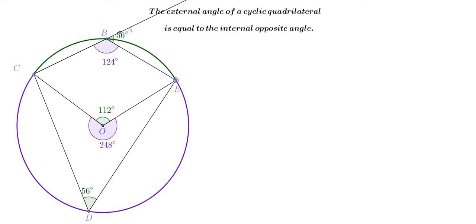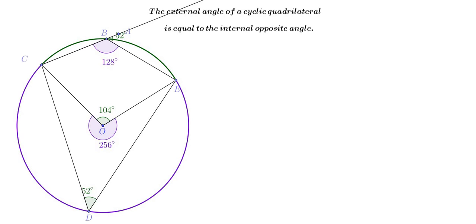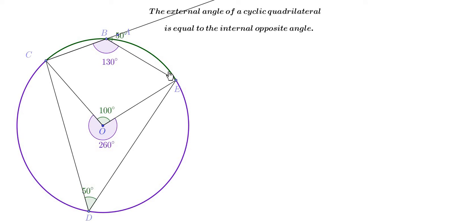Then I can stop it at any point, and there's not a bad place to stop it, and just check the internal ones. Because that's 50, this angle here has got to be 130, because 130 and 50 add to 180.